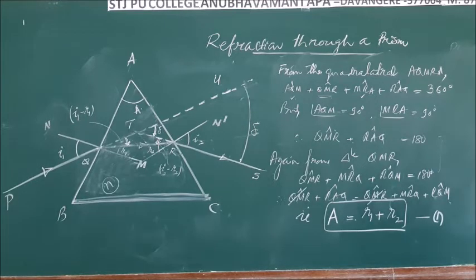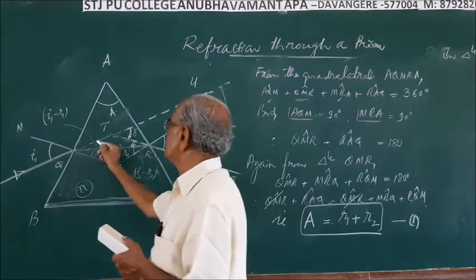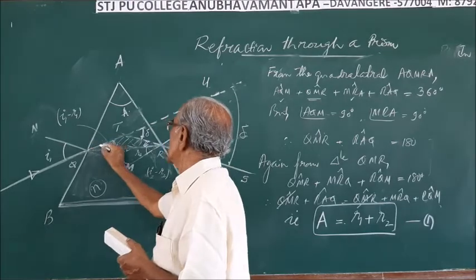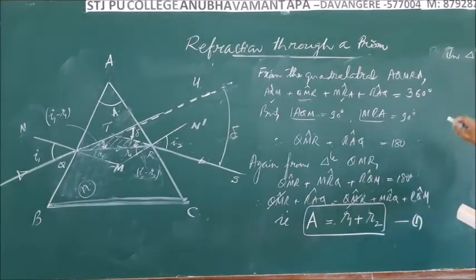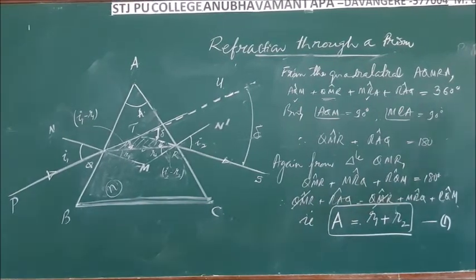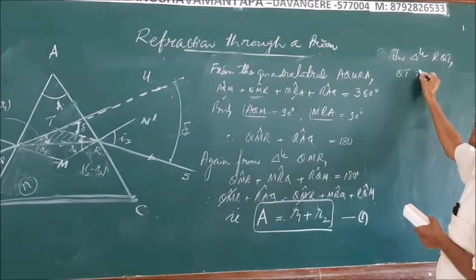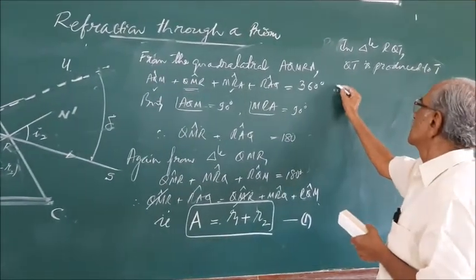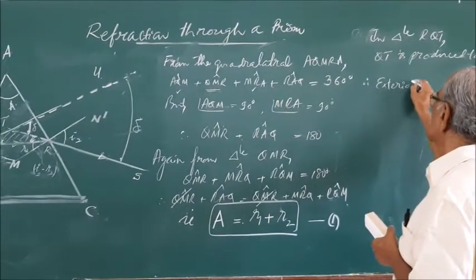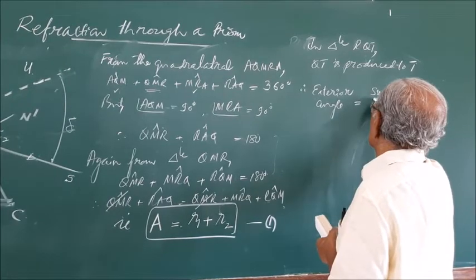Now again, in triangle RQT, see this triangle, this side QT is produced to T. Therefore, this is a famous theorem: the exterior angle is equal to the sum of the interior opposite angles.